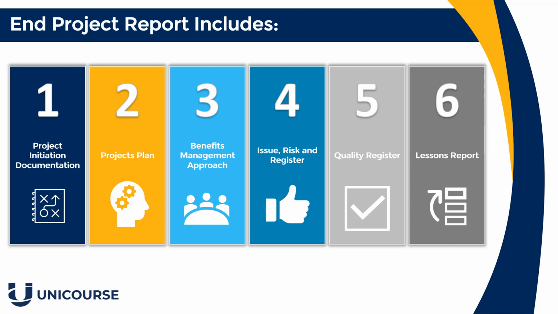You could allocate a quality controller to this specific register or report. A lessons learned report could just be actions from the quality register or from the issue and risk logs. It can be used to document any lessons that might have been of value to future projects.